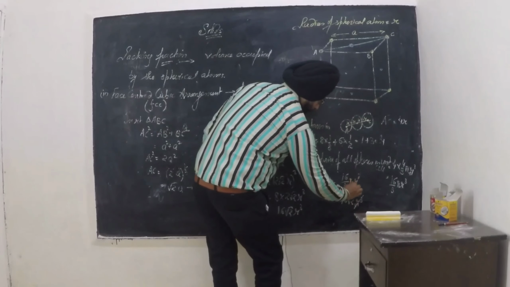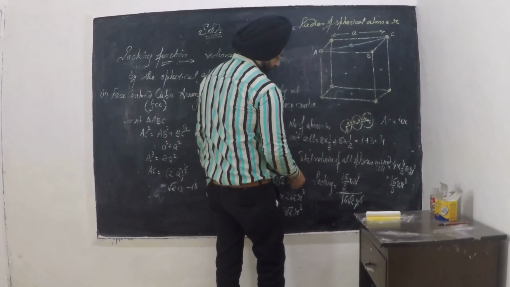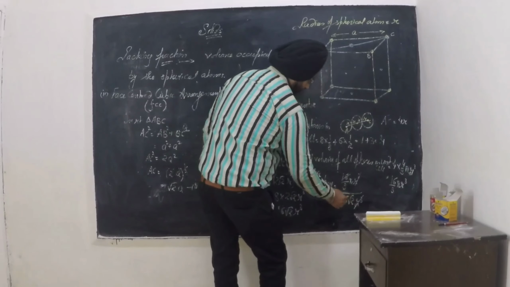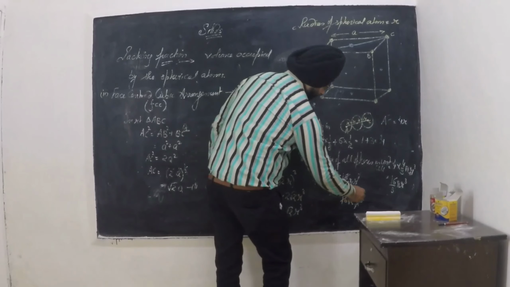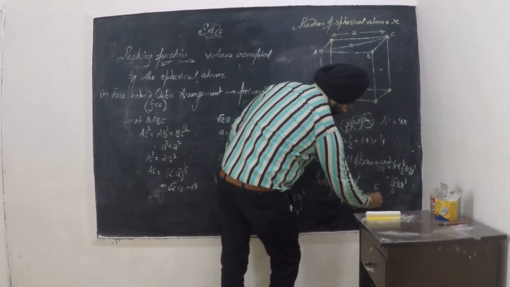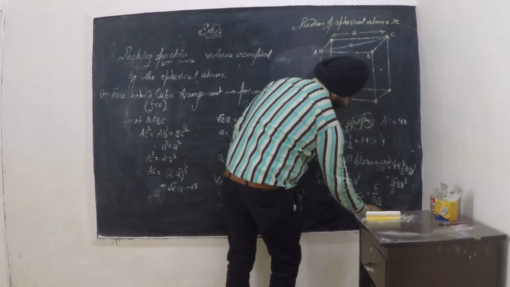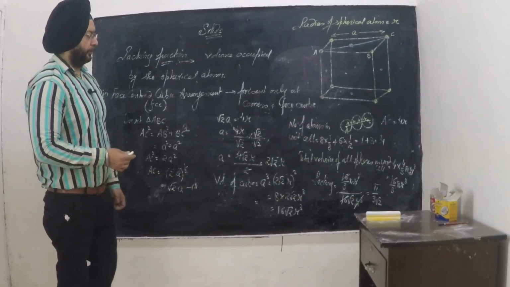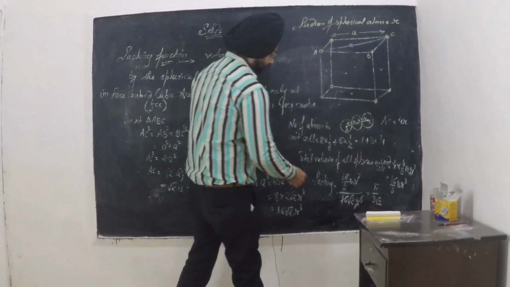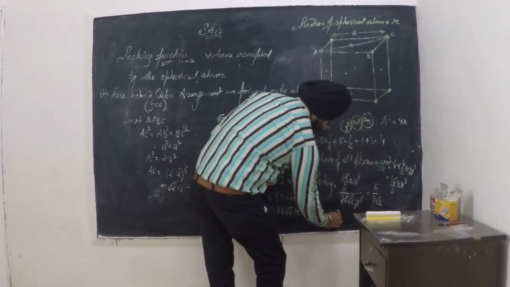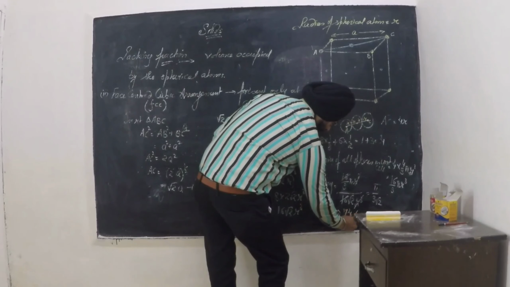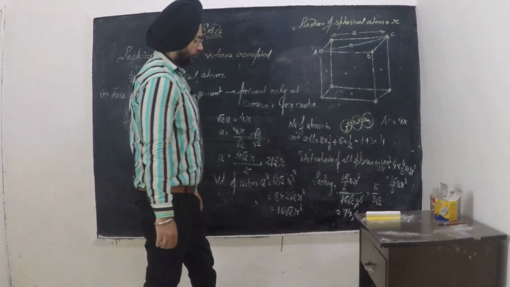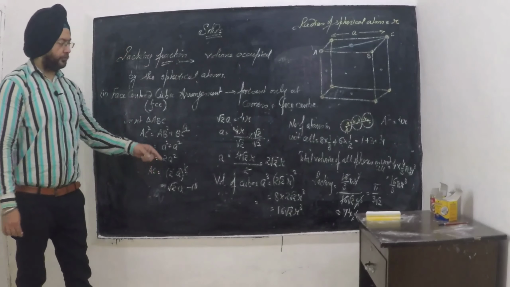So r cube cancels, 16 and 16 cancel. So you are getting only pi by 3 under root 2. If you calculate this value, it will be approximately 74%.